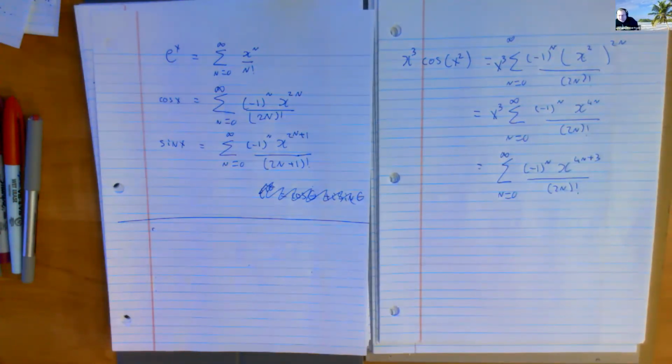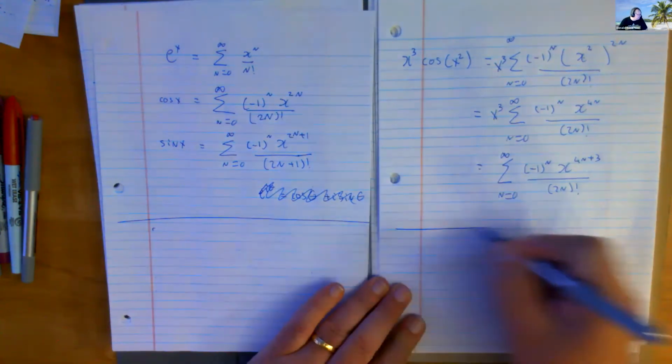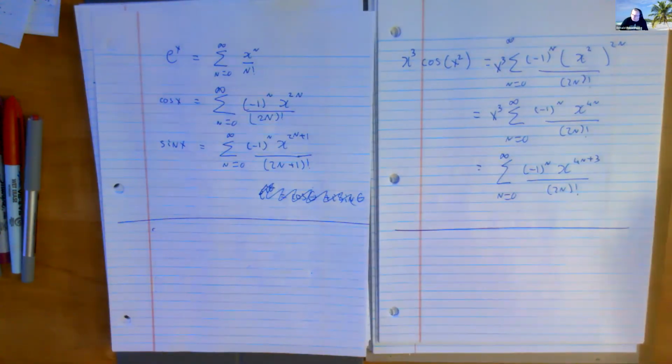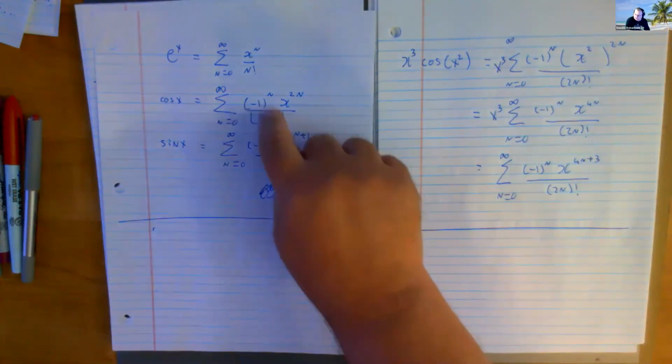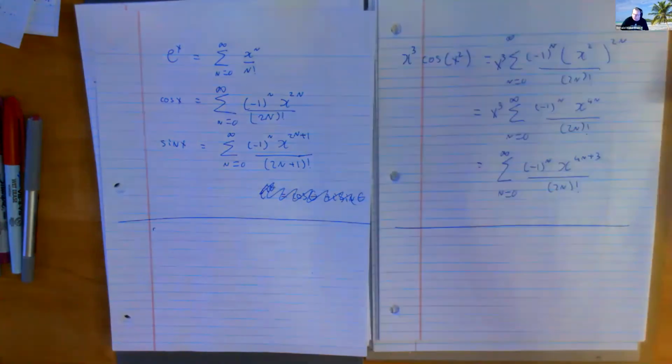In fact, if you take any function and you multiply it by x, don't you just add 1 to the power of its power series? And if you multiply by x squared, don't you just add 2 to its power series? And so on and so forth. That's a little bit easier to deal with, isn't it? You let someone else figure out the hard stuff, which is this, and then you just do substitutions.